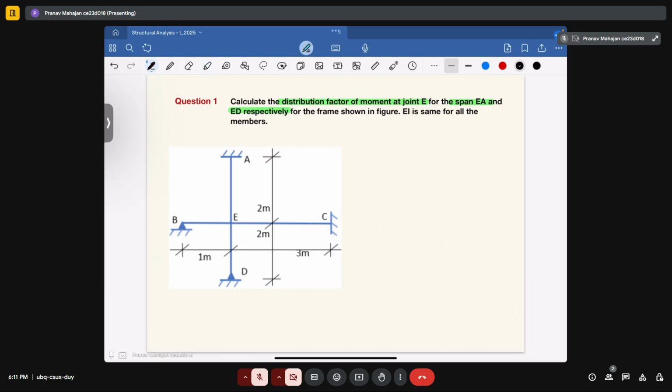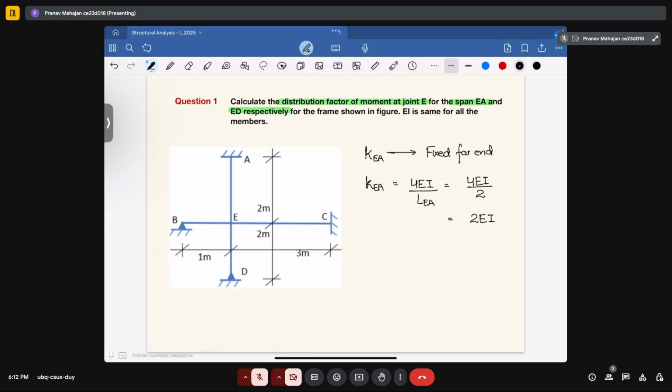In that, for the first span, that is KEA for span EA, the far end is fixed, so KEA is equal to 4EI upon L of EA. That means it would be equal to 4EI upon 2, equal to 2EI.